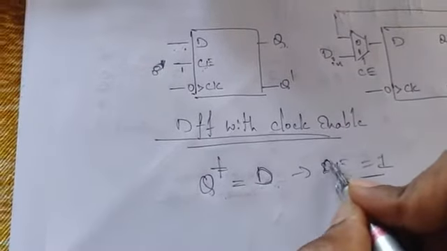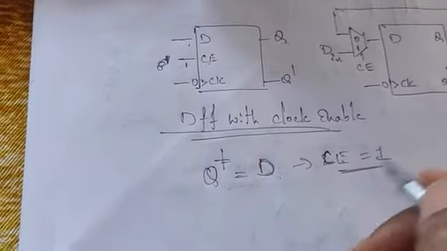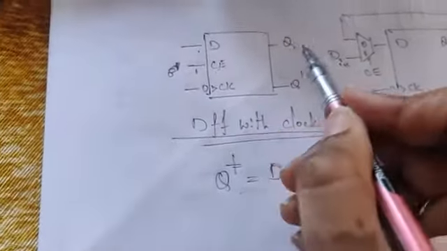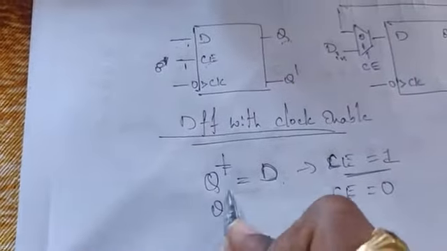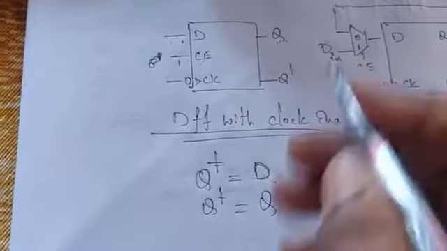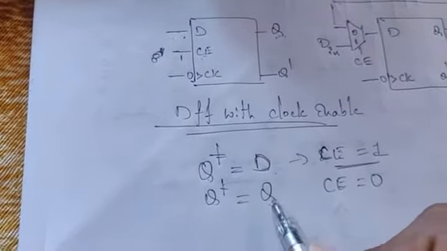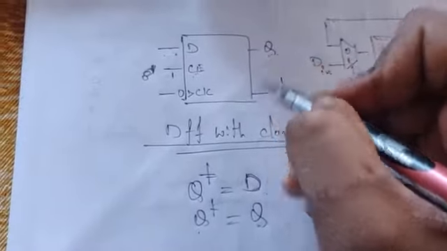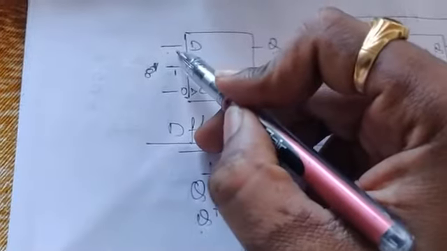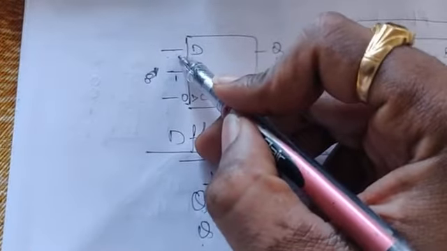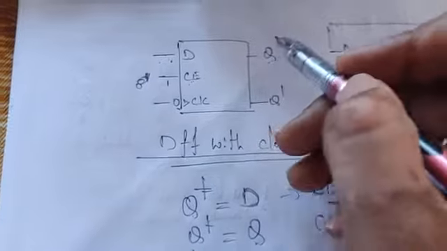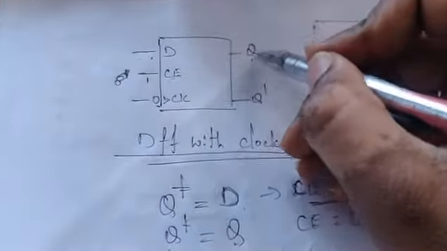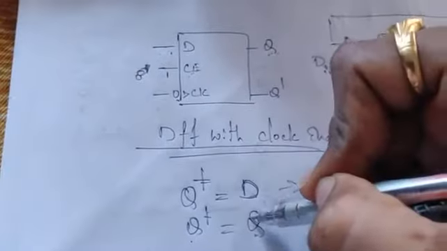This is the equation when clock enable is 1, that is, when enable is active. If clock enable is 0, meaning deactivated, then the output Q plus will be Q. Why will Q plus be Q? What is the difference between Q and Q plus? Q is the present state. Q plus is what results after the data you pass with respect to D is passed to Q. Q is the data already present before starting the operation.